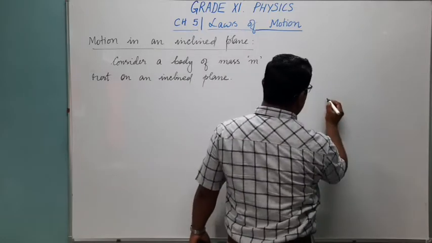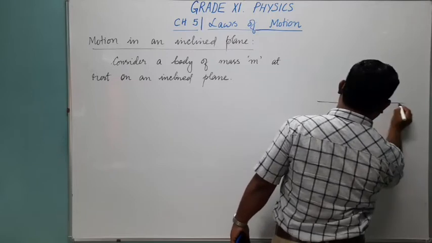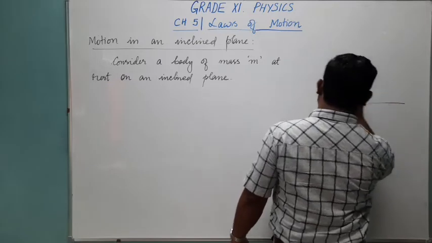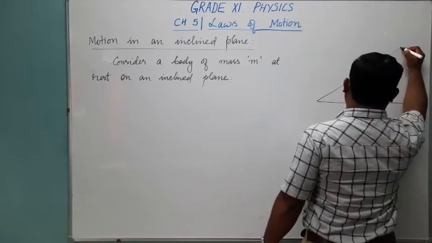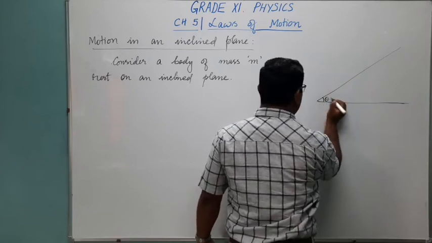We will take it like this. This is your incline, suppose this is horizontal, and this is your inclination. It is inclined at an angle, say theta.